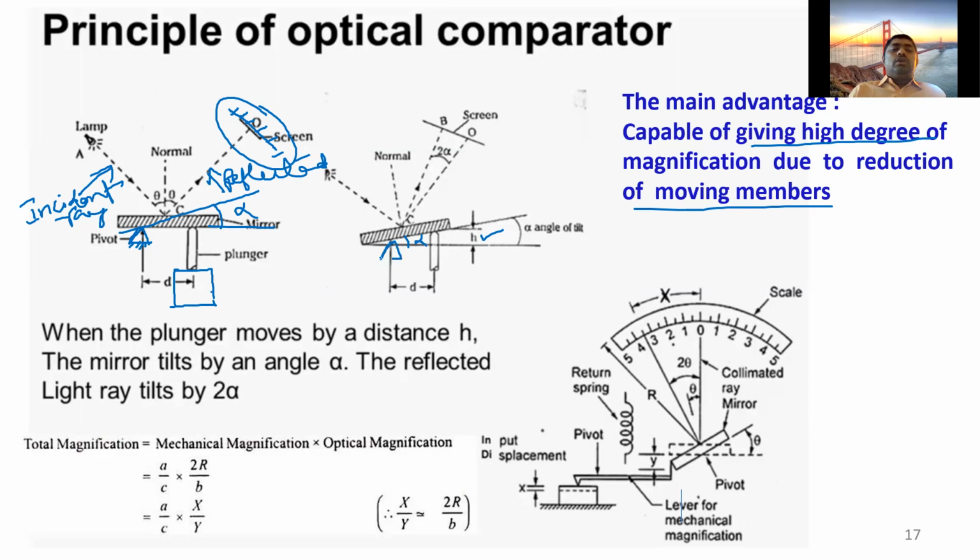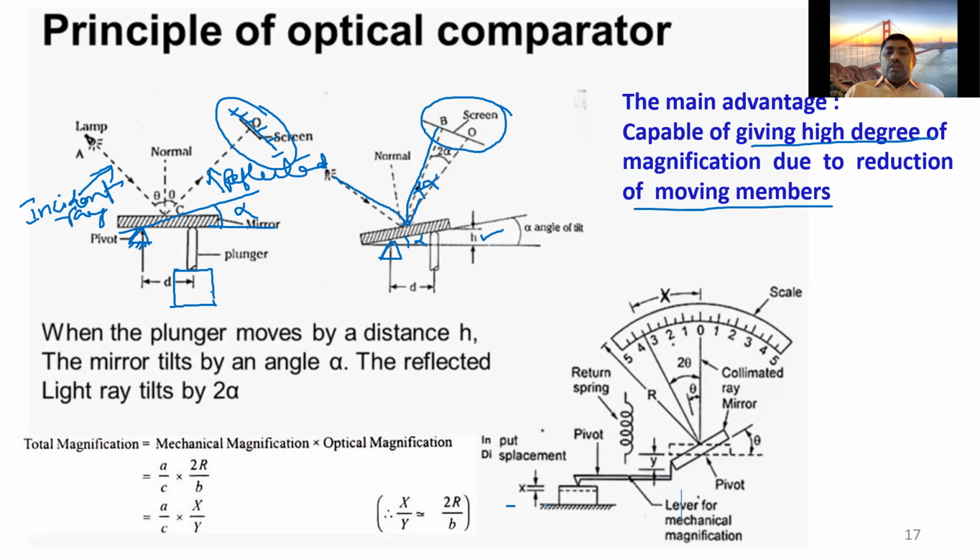This is the hinge. The incident ray falling on the mirror will be reflected through an angle 2 alpha and can be seen on the ground glass screen. So this is the principle of the optical comparator.